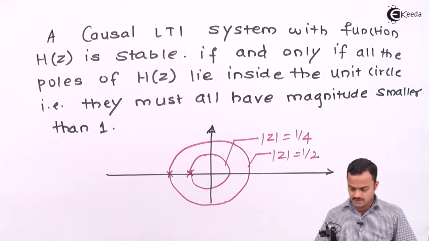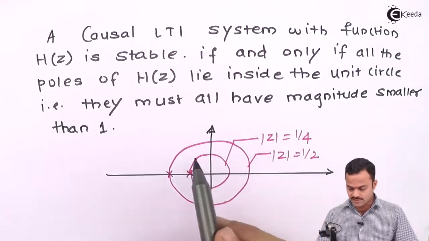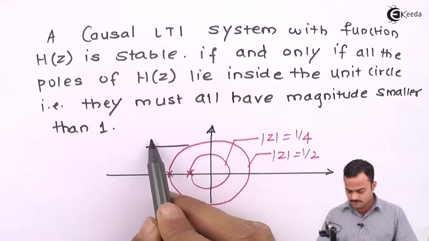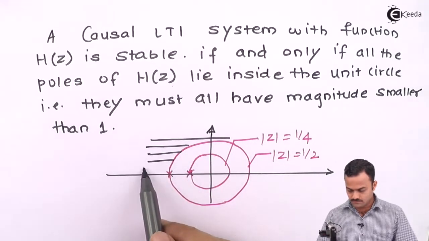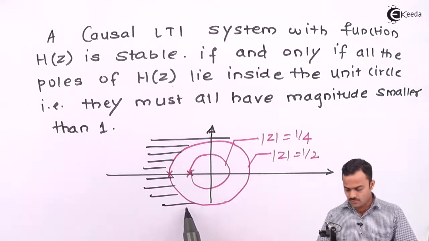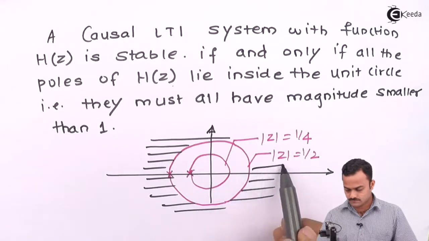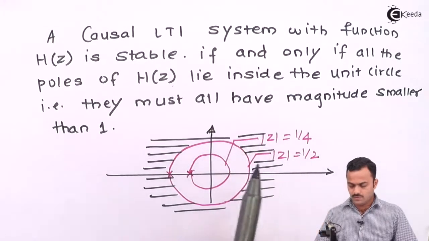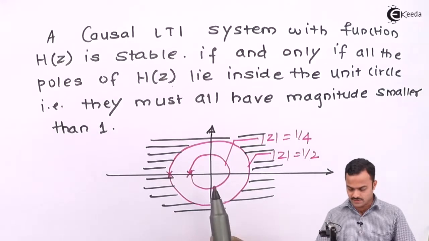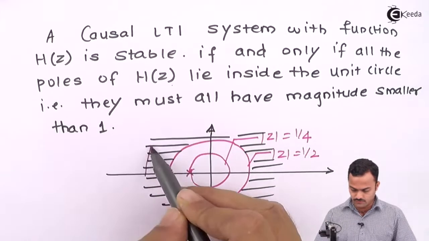So obviously, to get a causal system, the ROC will be like this, outside the outermost circle, and this ROC includes the circle mod z equal to 1.